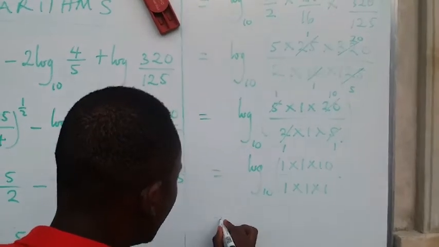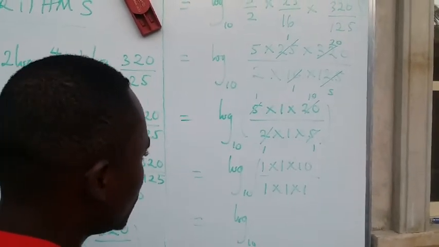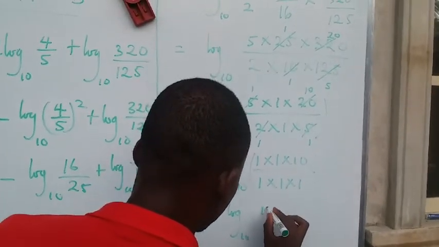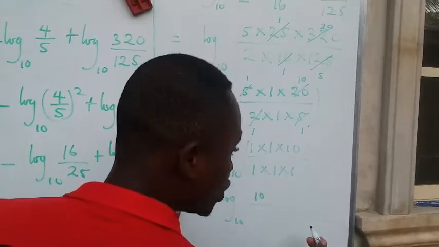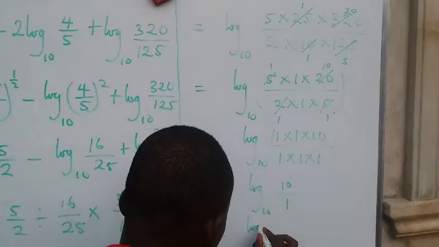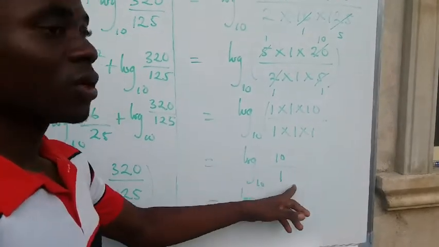So the numerator gives us 10, and the denominator gives us 1. So this is going to produce log to base 10 of 10, because 10 over 1 is equal to 10.